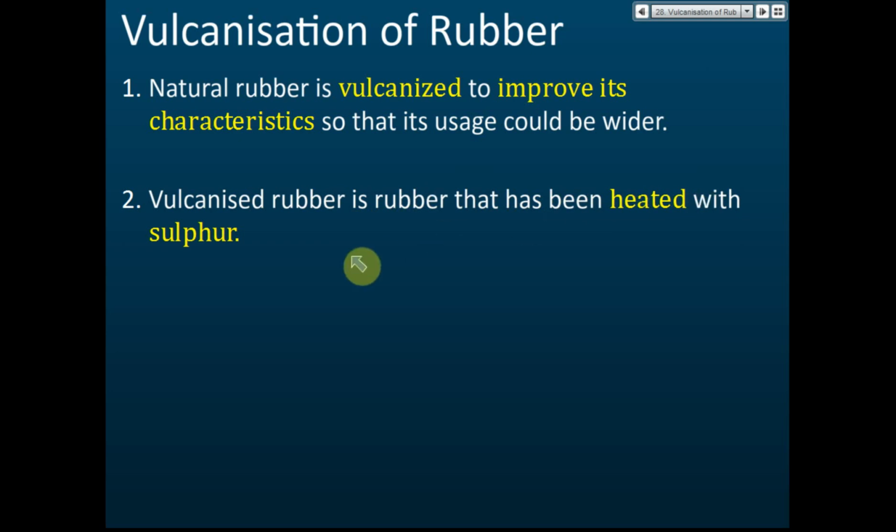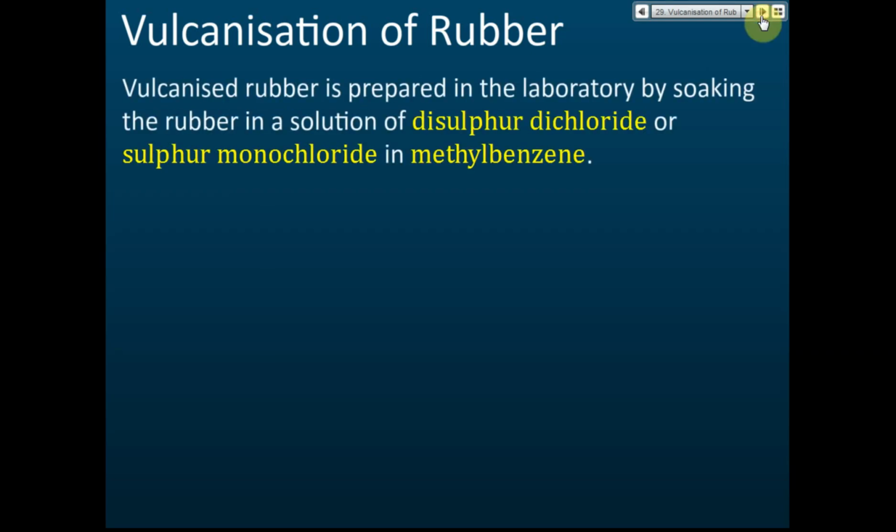We heat rubber with sulfur to vulcanize it. In the laboratory, vulcanized rubber is prepared by soaking the rubber in a solution of disulfur dichloride or sulfur monochloride in methylbenzene.